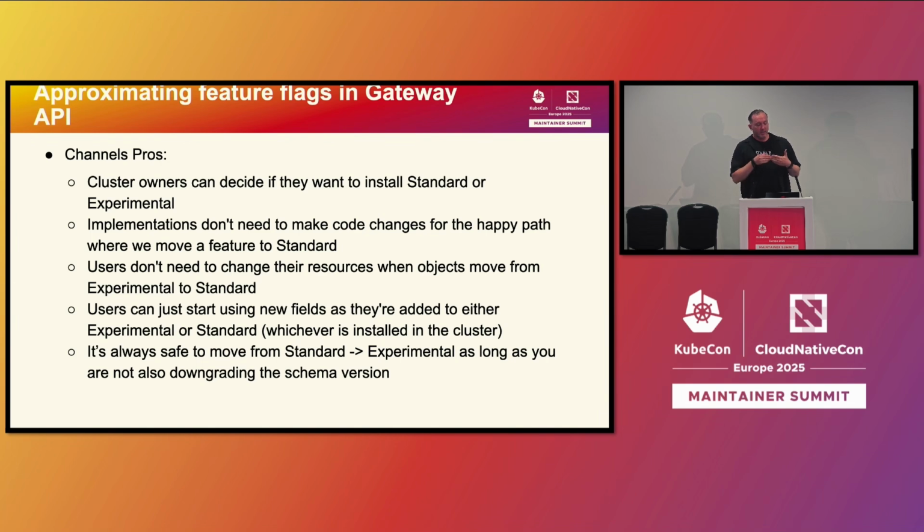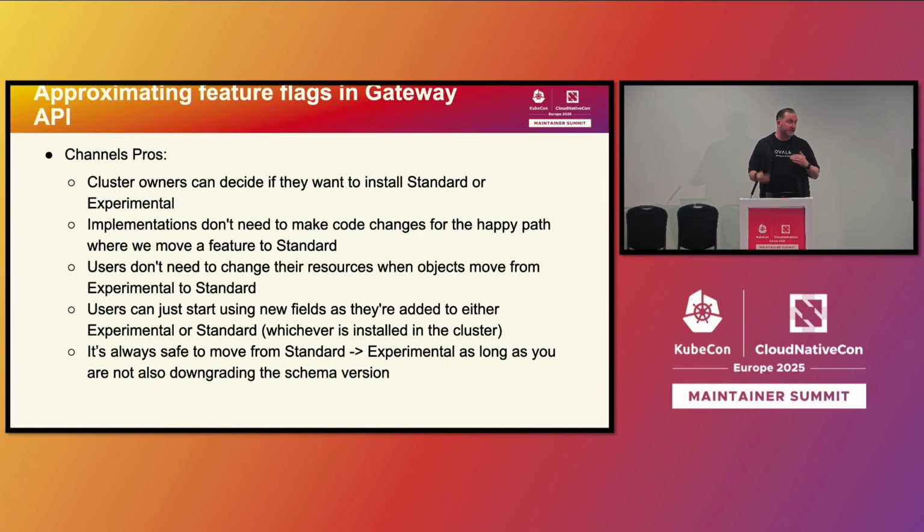But also, users can just start using the new fields when they're added to either experimental or standard, right? So as long as you're running experimental in your cluster, if you move from v1.2 experimental to v1.3 experimental, then any new fields that were added in experimental, you can start using them and expect them to be persisted correctly to etcd.